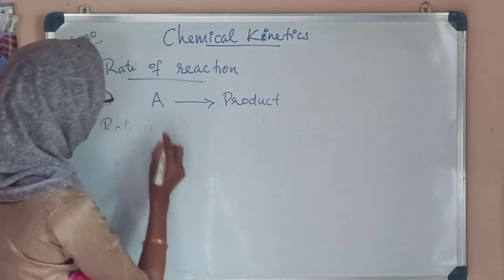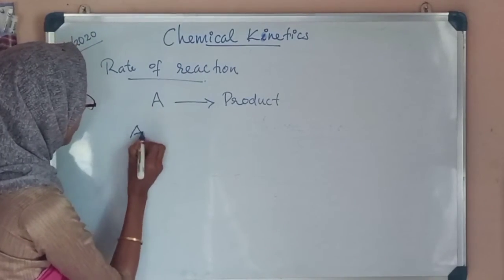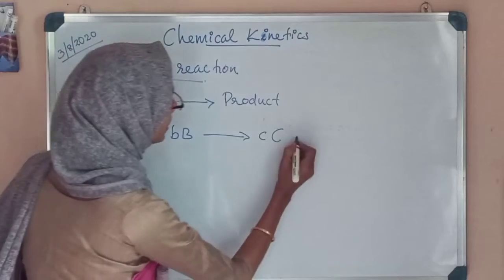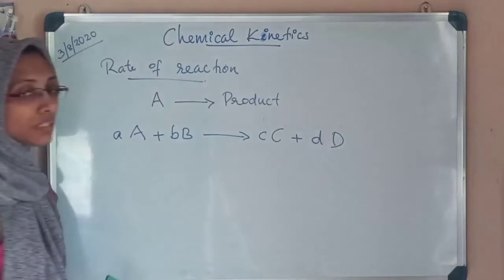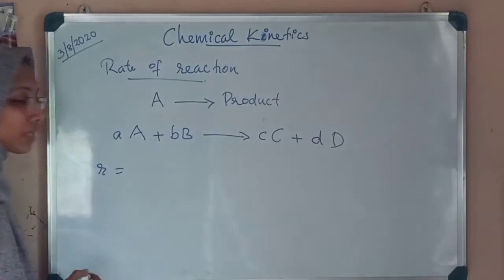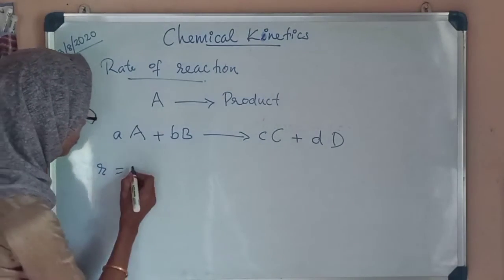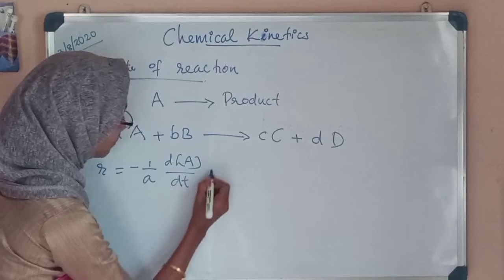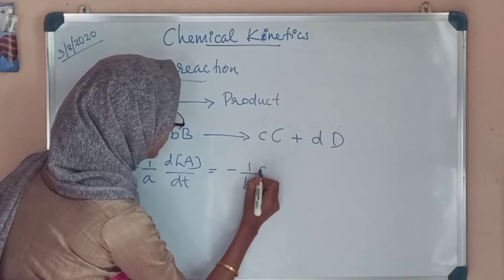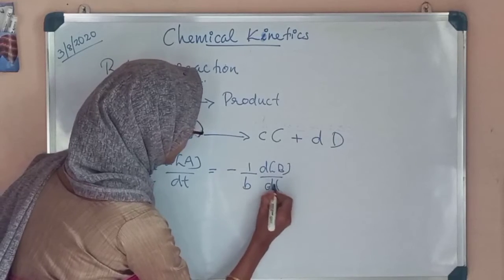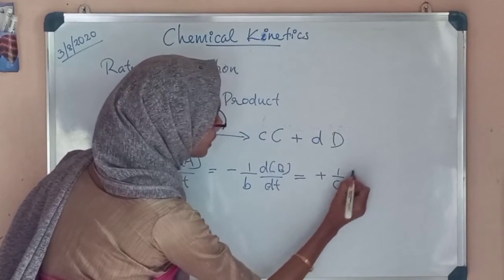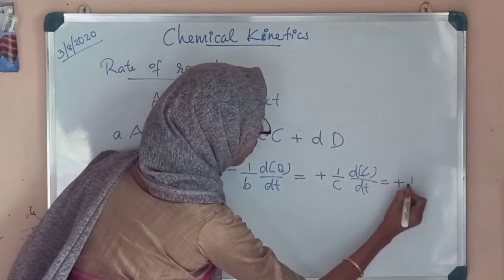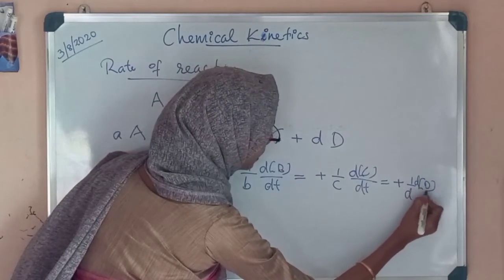Then consider another hypothetical reaction in which a moles of A react with b moles of B, giving c moles of product C and then d moles of another product D. Then according to the rate of the reaction, rate is equal to minus 1 by a into dA by dt is equal to minus 1 by b into dB by dt is equal to plus 1 by c into dC by dt or equal to plus 1 by d into dD by dt.